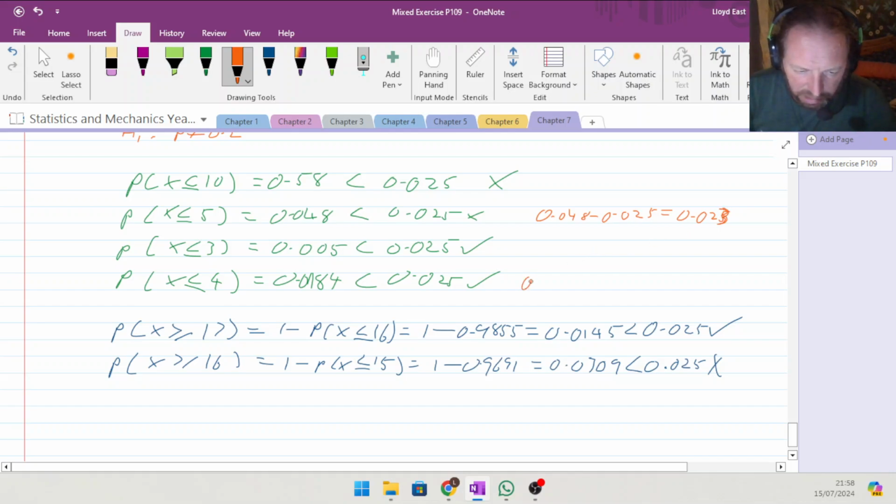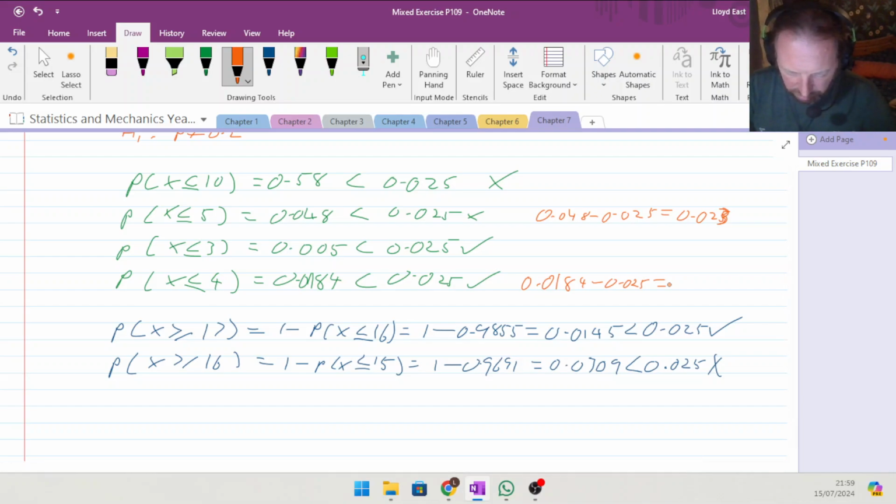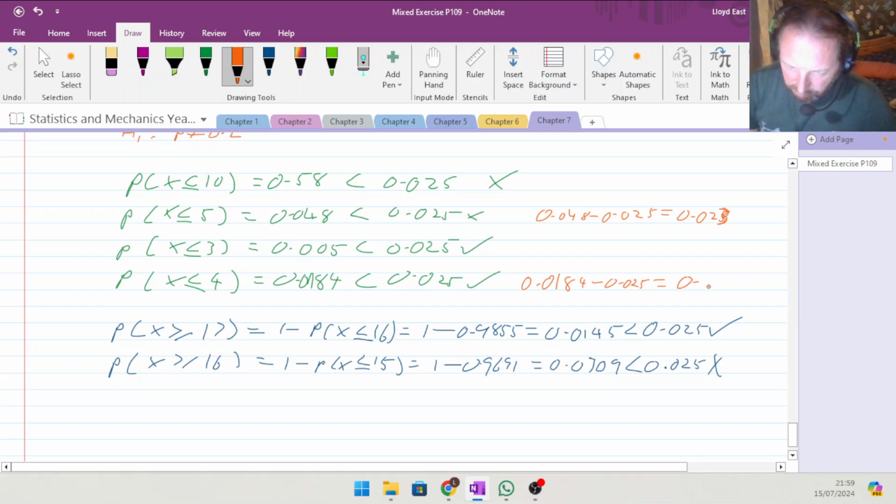And looking at this one down here, 0.0184, doing the absolute difference, 0.025 take away 0.0184 comes out as 0.0066.